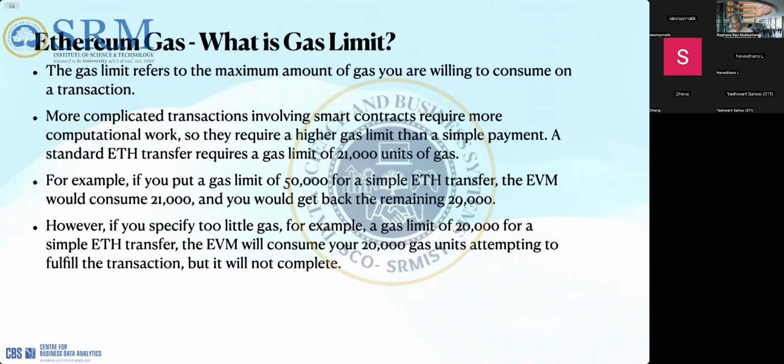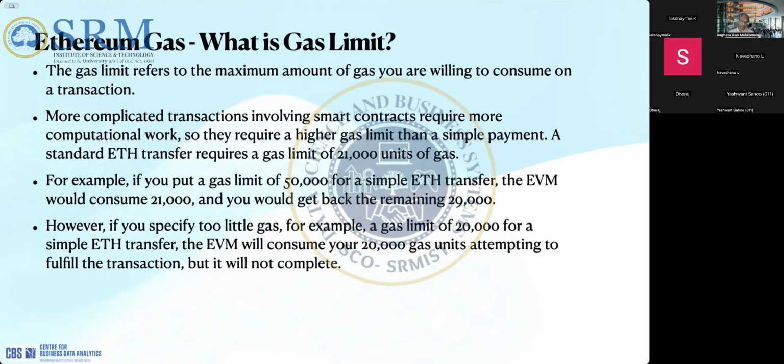And what will happen? Let's imagine this case where we are trying to transfer one ether to another person. Then the transaction failed because it doesn't have sufficient gas, and the one ether will be returned back to the account. But whatever gas fee you paid, whatever transaction fee you paid in terms of gas, that is consumed and lost, right?